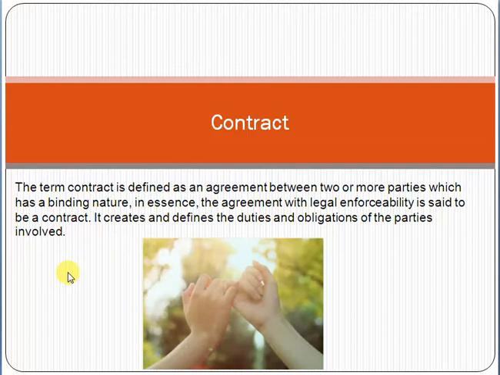Similarly, another example: for instance, you want to give your house on rent to some person.